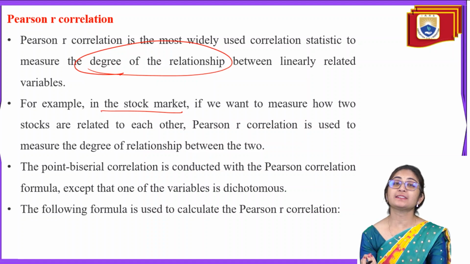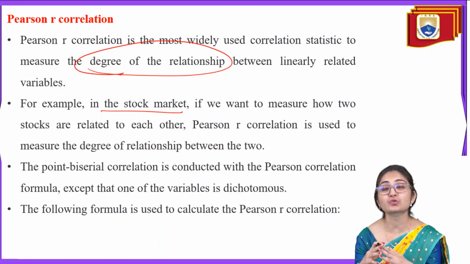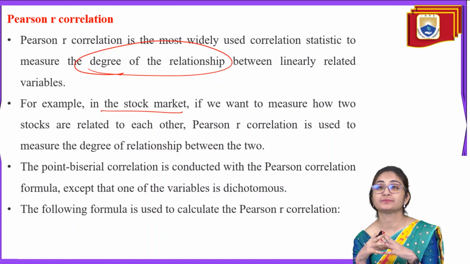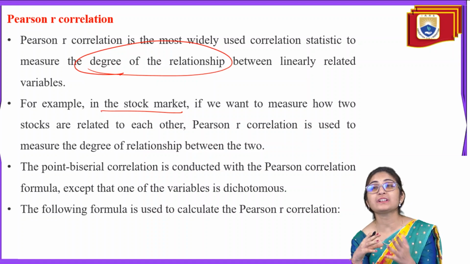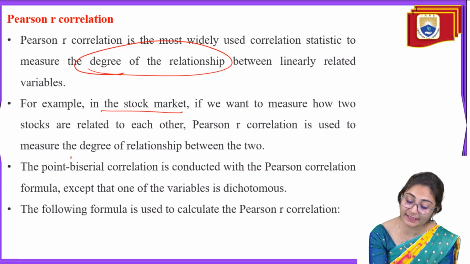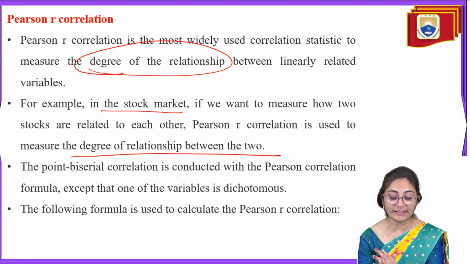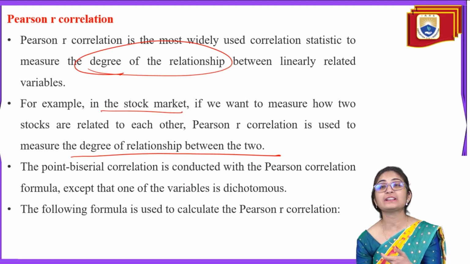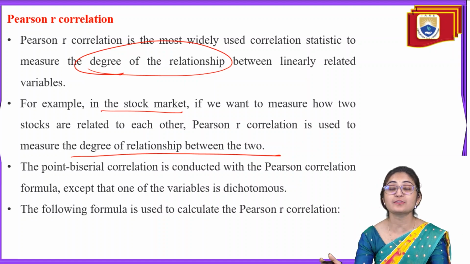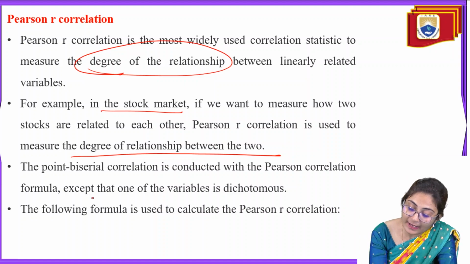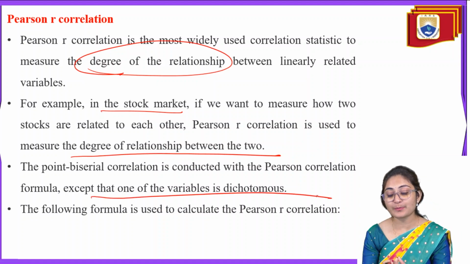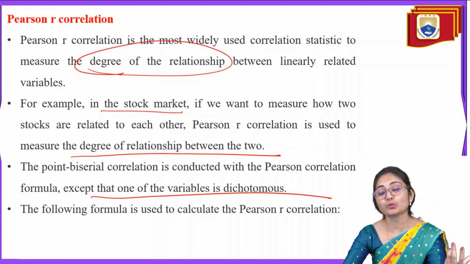If I want to measure how two stocks are related to each other, Pearson correlation is used to measure the degree of relationship between them. Point biserial correlation is conducted with the Pearson correlation formula, except one of the variables is dichotomous.